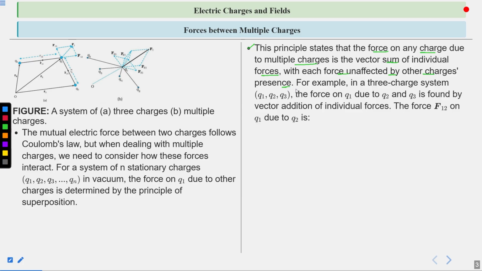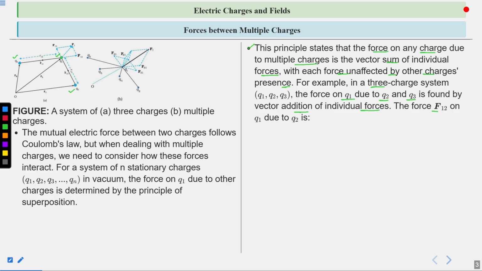Let's take an example. In a three charge system, look at figure A: Q1, Q2 and Q3. O is the origin. The force on charge Q1 due to Q2 and Q3 is found by vector addition of individual forces.